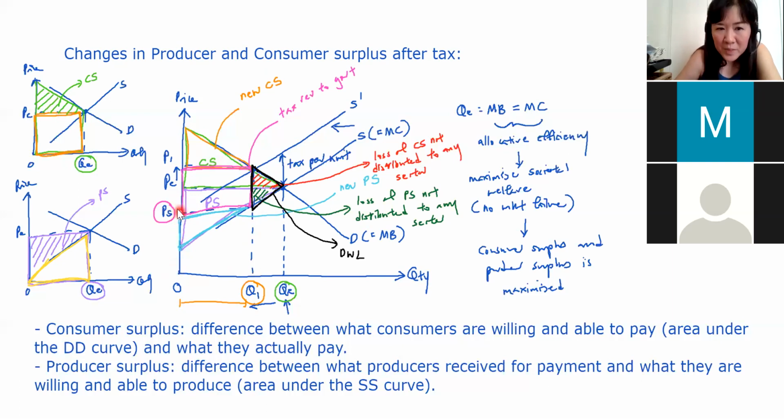This is what they receive ultimately. Then you can see that less of what the producers are willing and able to produce, which is the area under the original supply curve, the rectangle minus the trapezium will give us this light blue area, which is the new producer surplus. Is this fine?